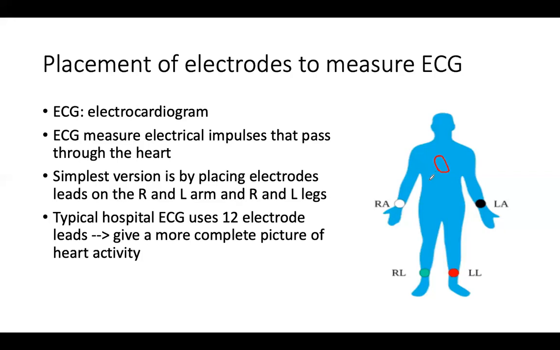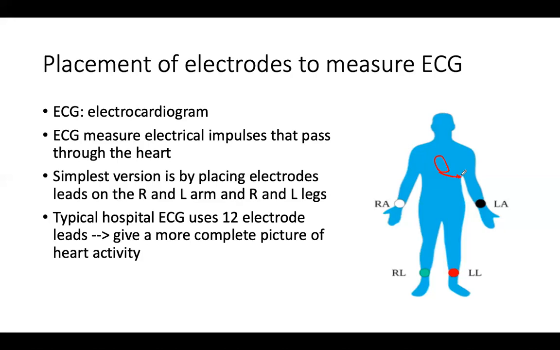Now, the more complex version, typically utilized in a hospital, is referred to as a 12-lead ECG or EKG, which places multiple electrodes going toward the left side of the body and allows you to get a better picture of heart activity and heart health.